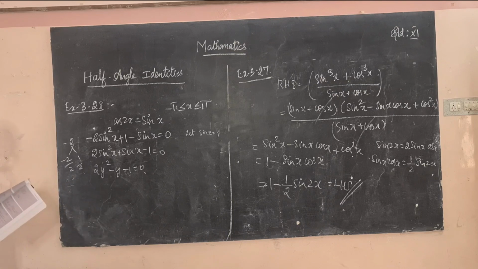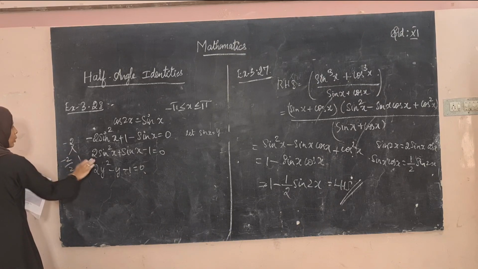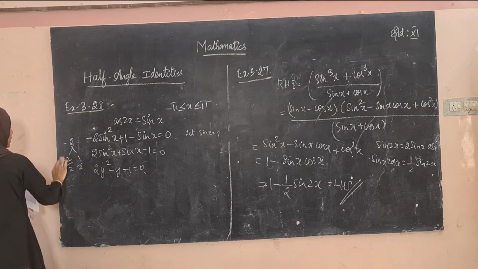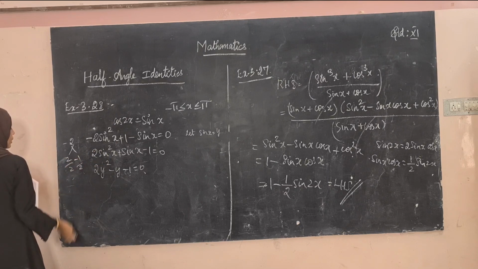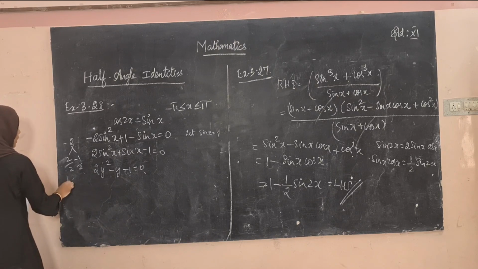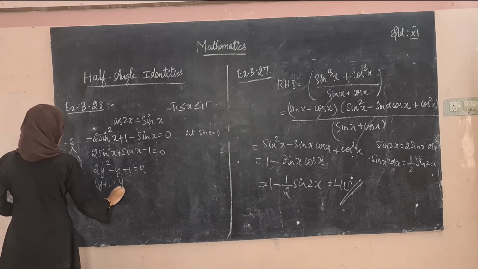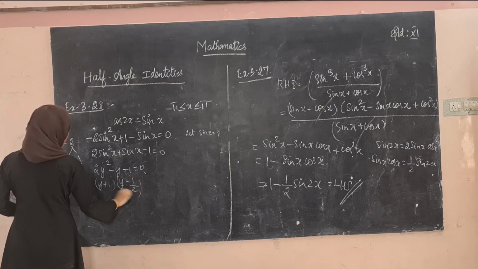Okay, now clear? 2 into minus 1 is minus 2, 2 minus 1 is 1. So it is 1, it is minus 1 by 2. So this can be written as y plus 1 into y minus 1 divided by 2 is equal to 0.